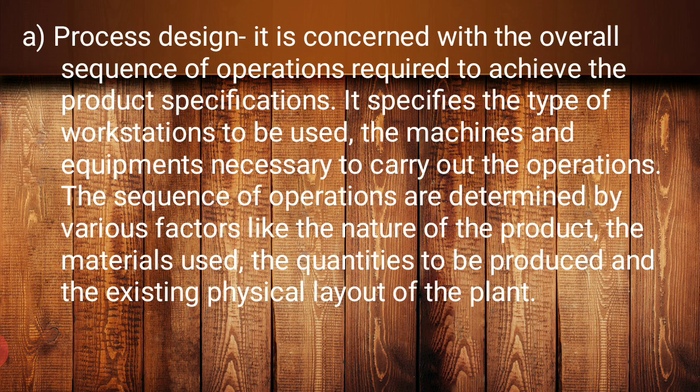It is concerned with the overall sequence of operations required to achieve the product specifications. It specifies the type of workstations to be used, the machines and equipments necessary to carry out the operations. The sequence of operations is determined by various factors like nature of the product, the material used, the quantities to be produced, and the existing physical layout of the plant.